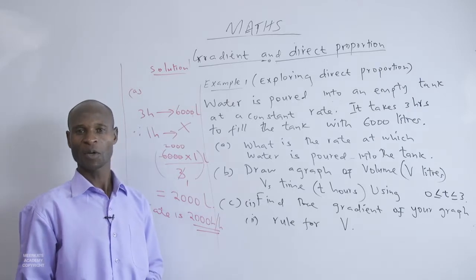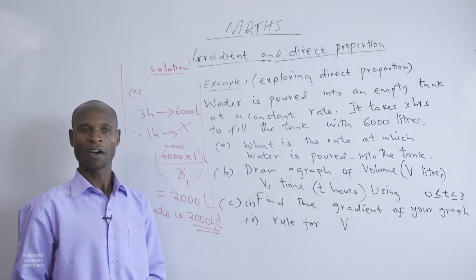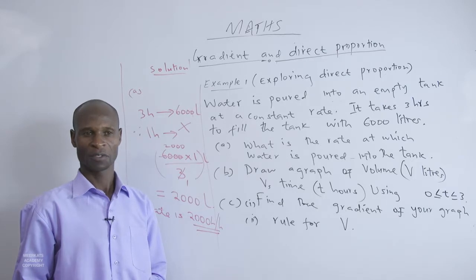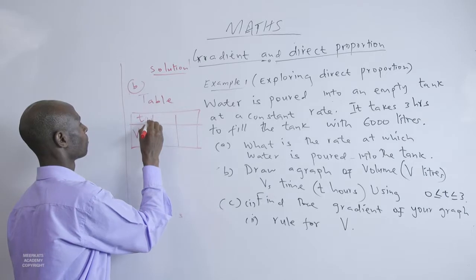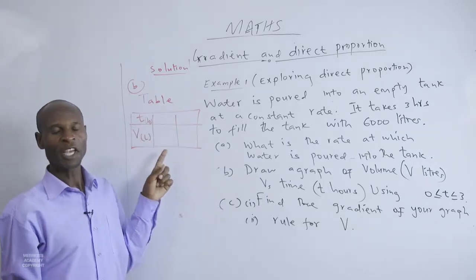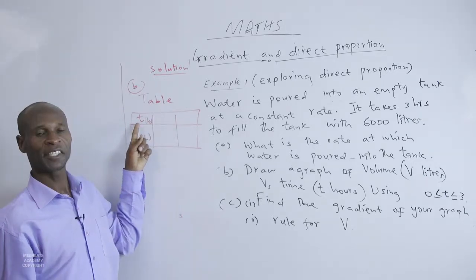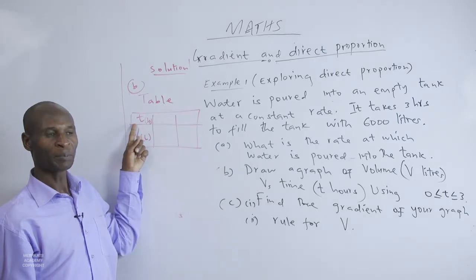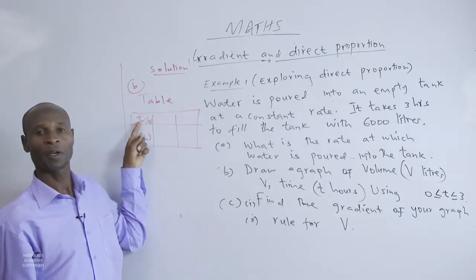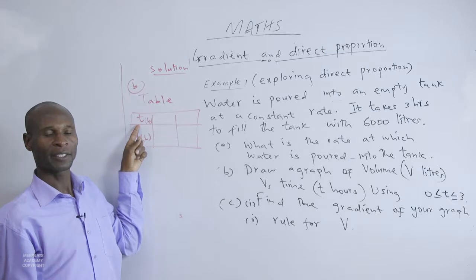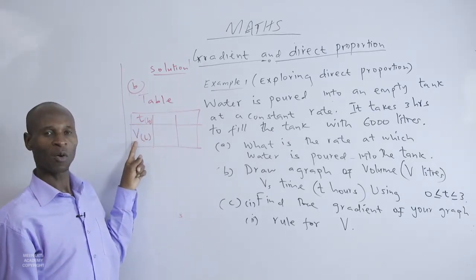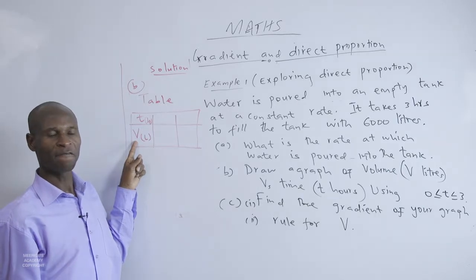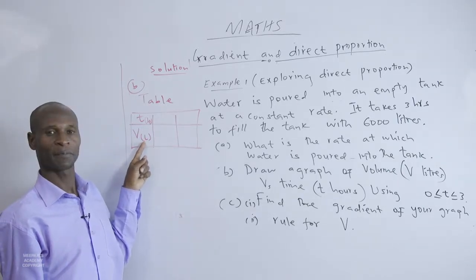The first basic requirement is for you to have a table of values. In our table, we have two quantities. We have time in hours, which is represented by letter T. Then we also have another quantity V, representing volume in liters.